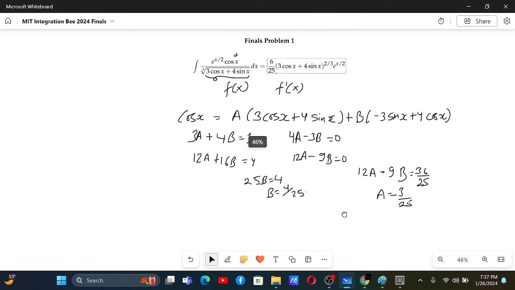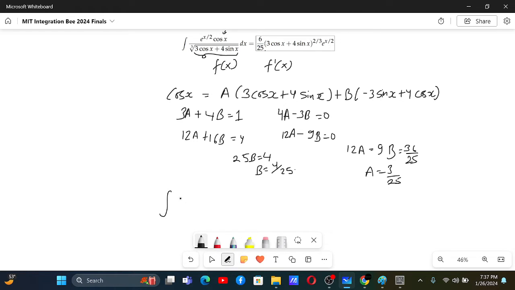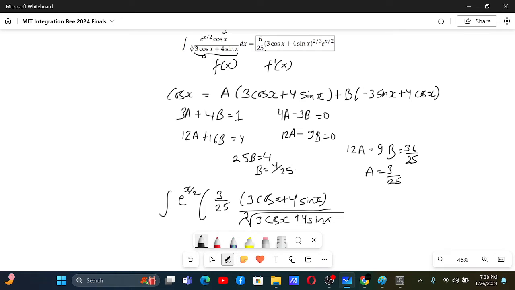So we will basically have the integral of e to the power x by 2, and then our a is 3 by 25, times 3 cos x plus 4 sin x, by the cube root of 3 cos x plus 4 sin x, plus b, which is 4 by 25, times minus 3 sin x plus 4 cos x, by the cube root of 3 cos x plus 4 sin x.